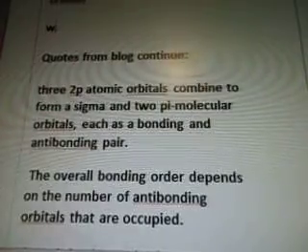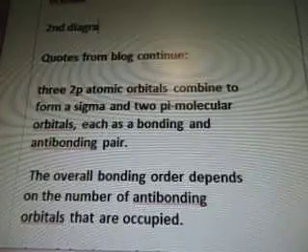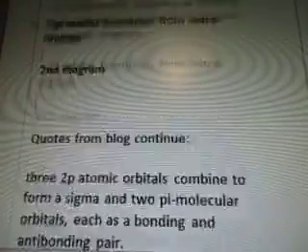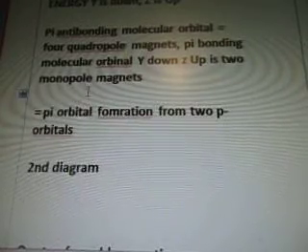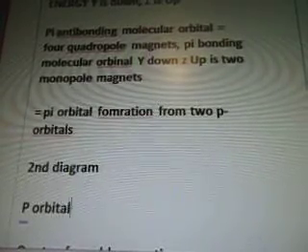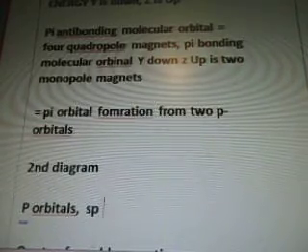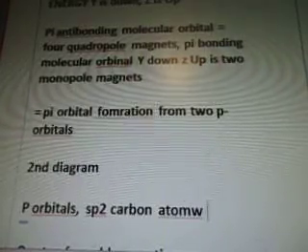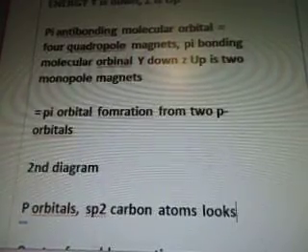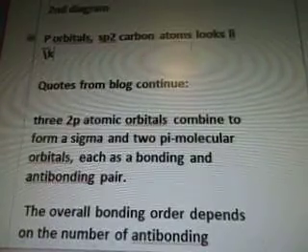Okay. Second diagram. This is weird. Second diagram of p orbitals and sp2 carbon atoms. Looks like, I can't type.